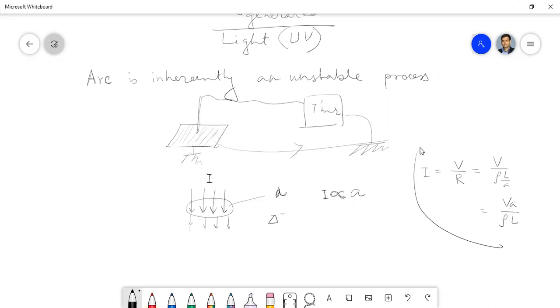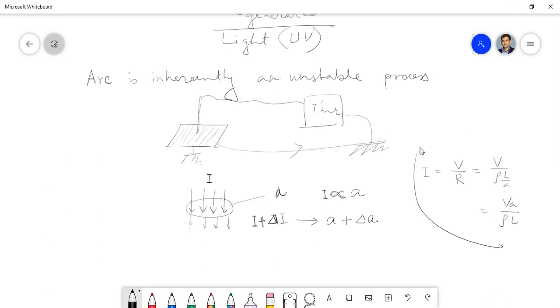That is delta I. Suppose there is a change in the current, that is delta I. Okay, so what this change in current will do then? This change in arc current will ionize more amount of area of the particular medium. So that means this will increase the area further.